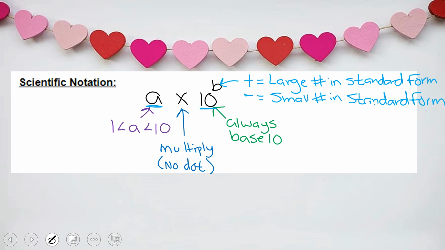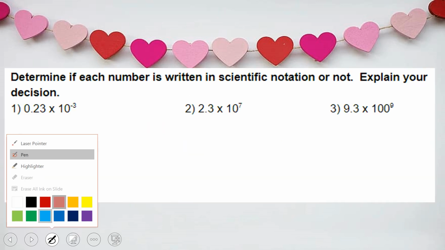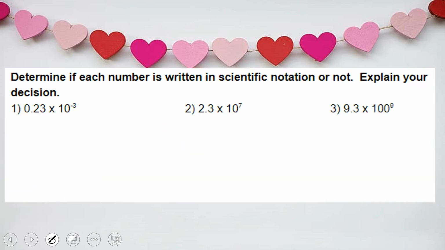Okay, so let's get some practice on determining what the proper notation is and how to make adjustments if needed. For these three, all we're going to do is decide if they are written in proper scientific notation or not and explain. Let's take a look at number 1, 0.23 times 10 to the negative third.